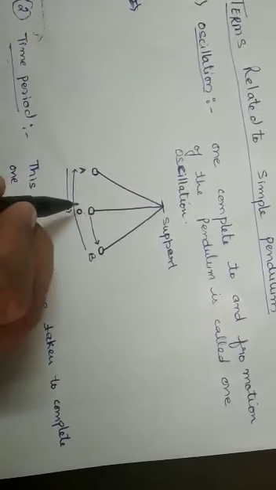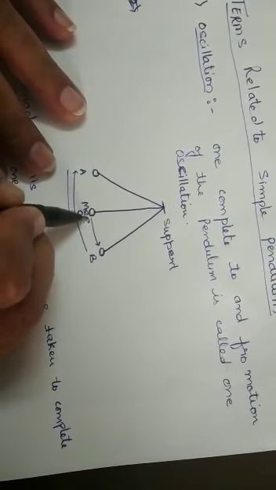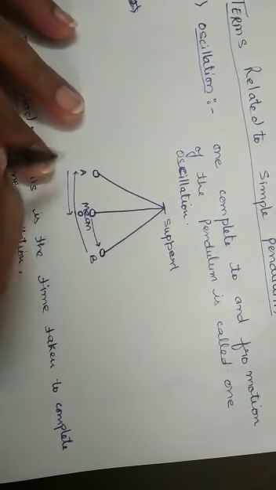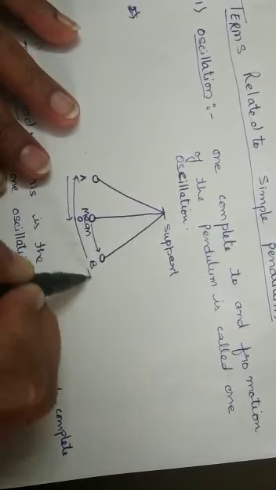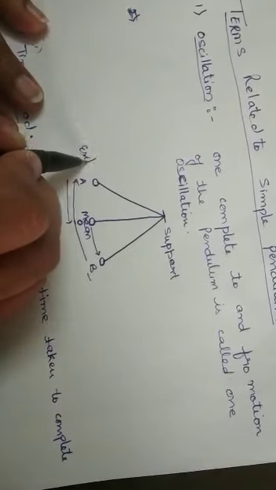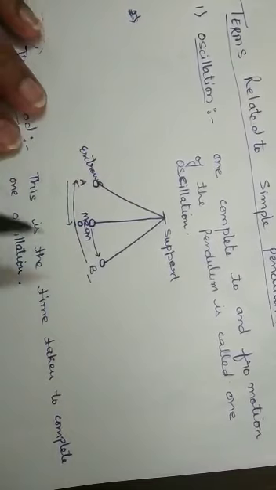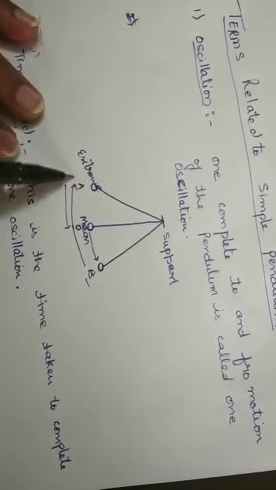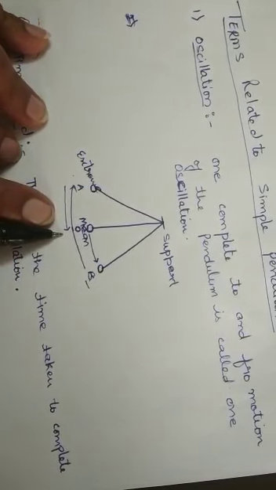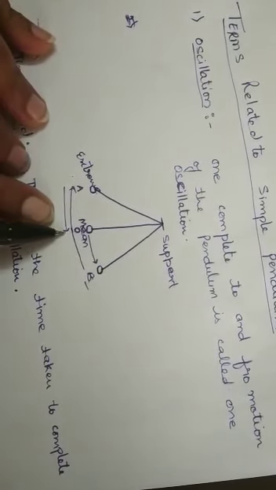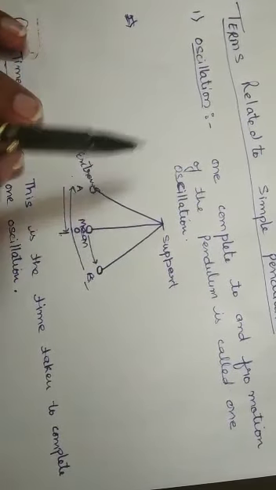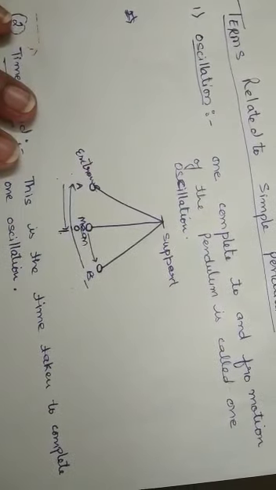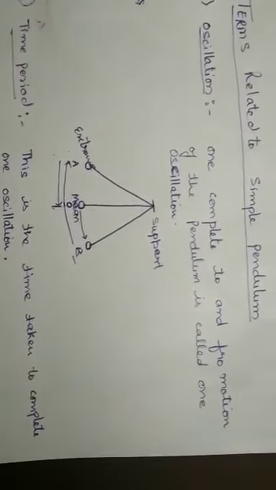This is the mean position, that is O. These are A and B, the two extreme positions. When it starts from mean, covering B, A and back to O, which is its mean, this complete process is known as one complete oscillation.